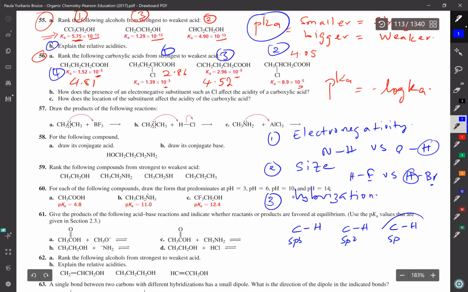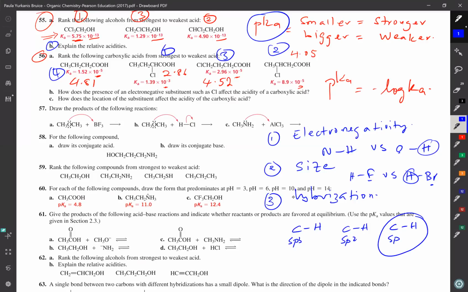The more acidic one will be the hydrogen connected to an sp carbon. So in terms of hybridization, hydrogens connected to an sp carbon are more acidic than the one connected to an sp2 carbon, which in turn are more acidic than the one connected to an sp3 carbon. That's how hybridization will affect acidity. Does that make sense?